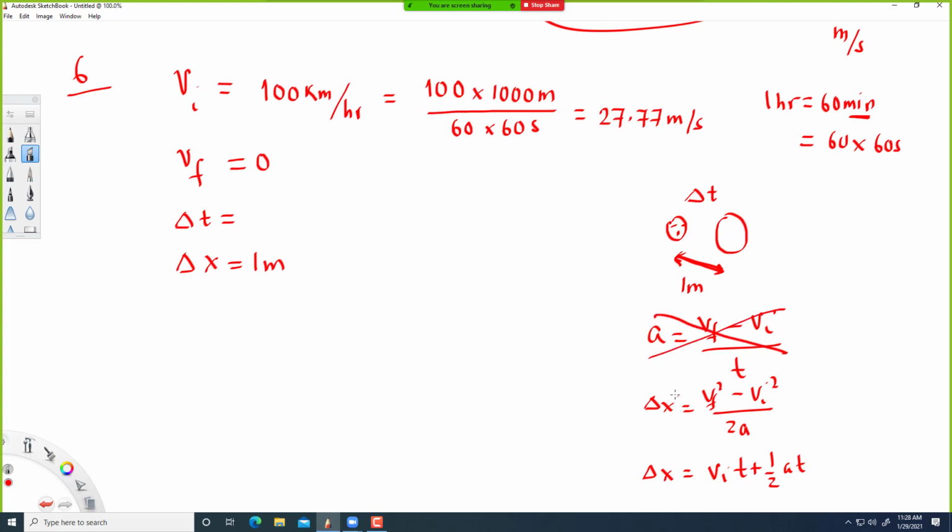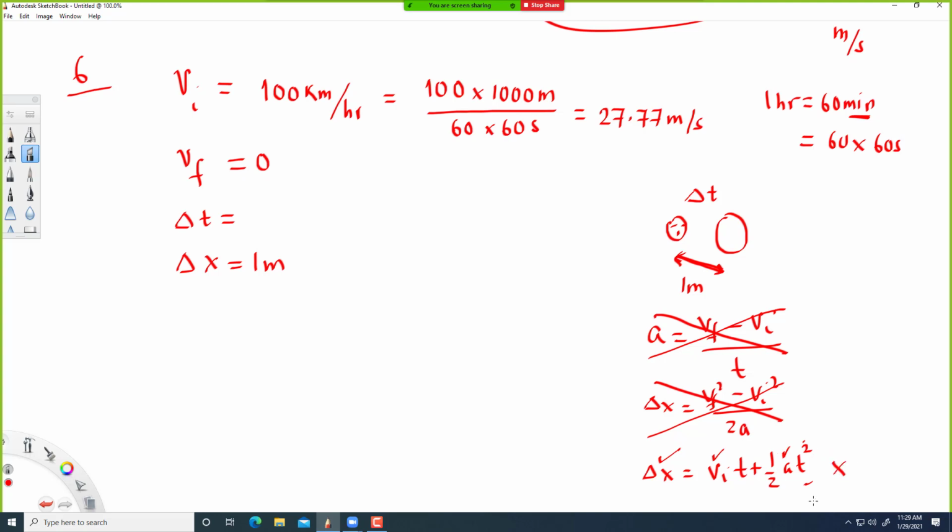This also we cannot use because there is no acceleration. So we are finding time. We have initial velocity, and we need acceleration. So that means we can use this one also.